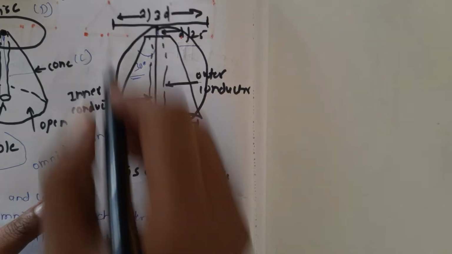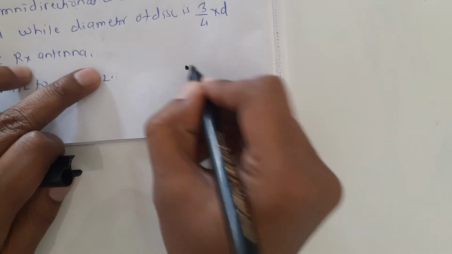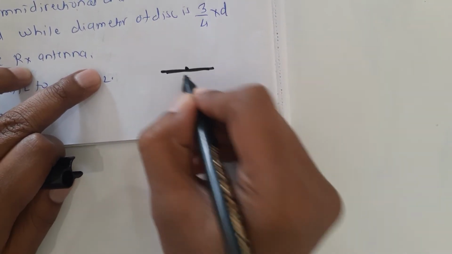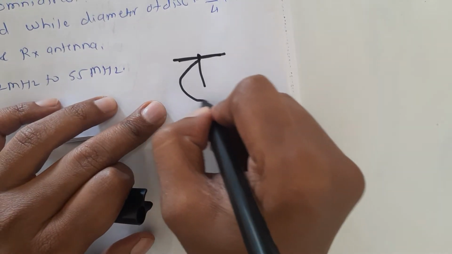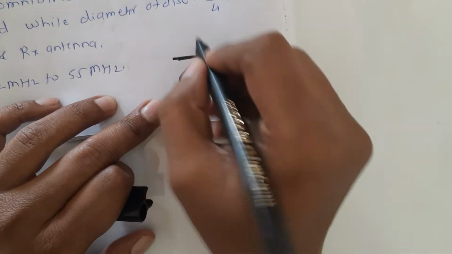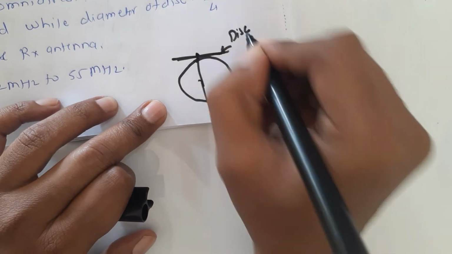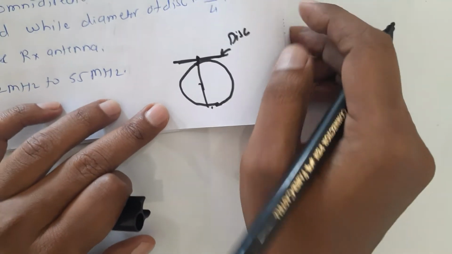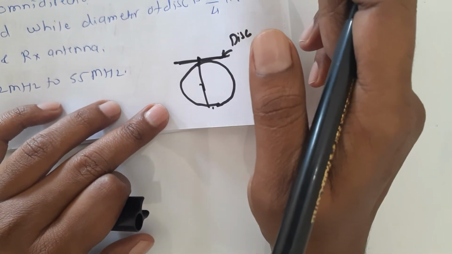Assume this is a disc and this is a cone. The radiation pattern will look like this, that is omnidirectional, and this disc basically acts as a reflector. The signal will not be transmitted beyond this particular disc.